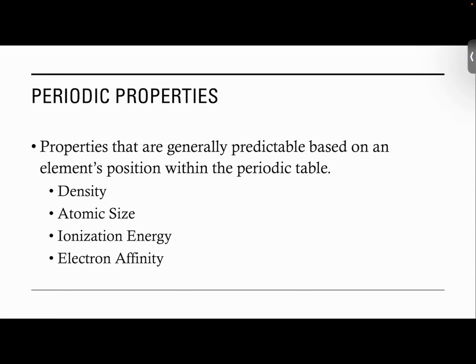Ionization energy. Francium has the lowest ionization energy of all elements. Electron affinity. The element that gives off the most energy when it absorbs an electron is going to be fluorine.